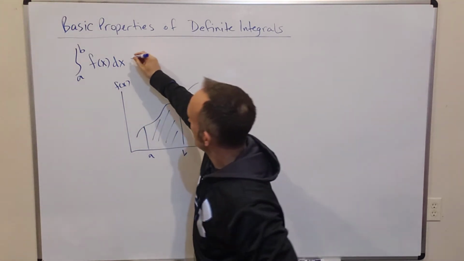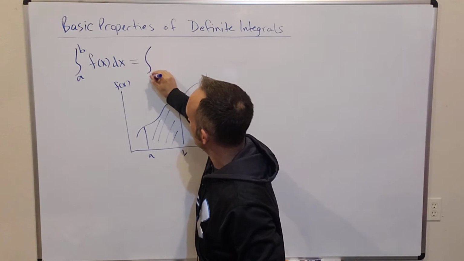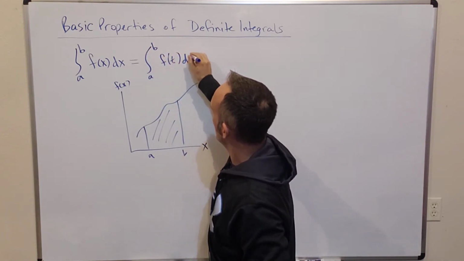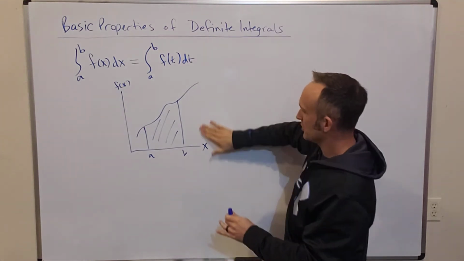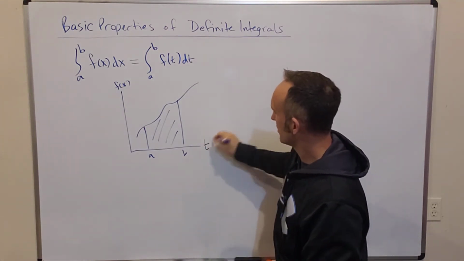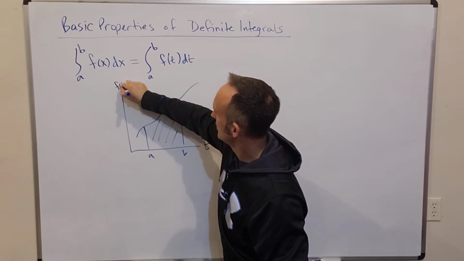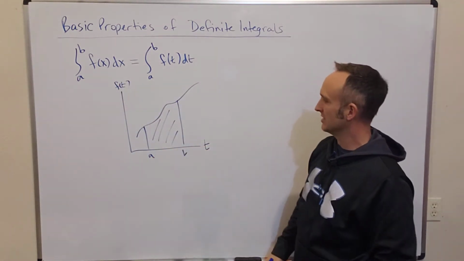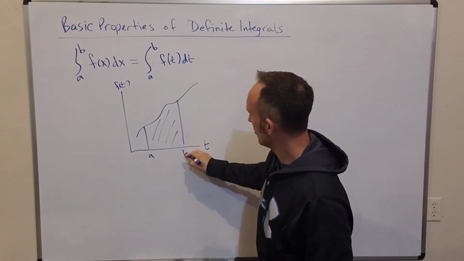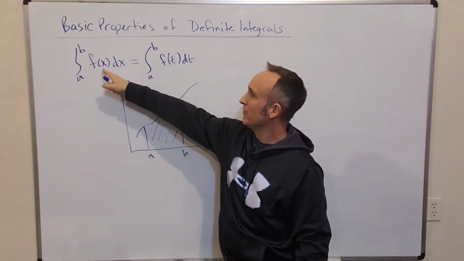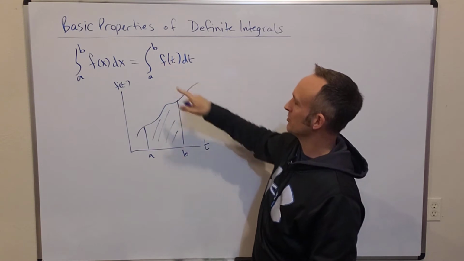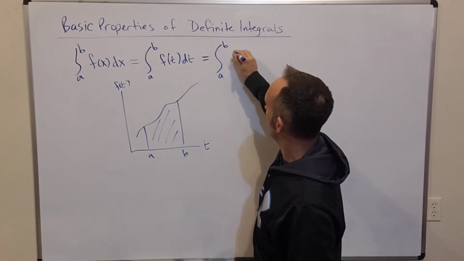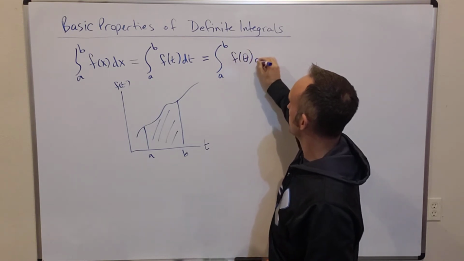So this definite integral could be written using any independent variable you want because the f function graphs the same no matter what we call the independent variable or the horizontal axis, okay? So you could integrate f of x with respect to x or f of t with respect to t or f of theta with respect to theta.